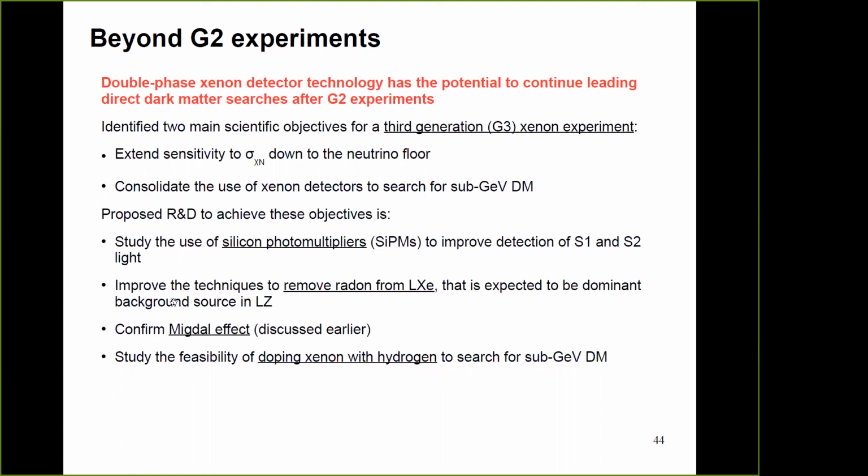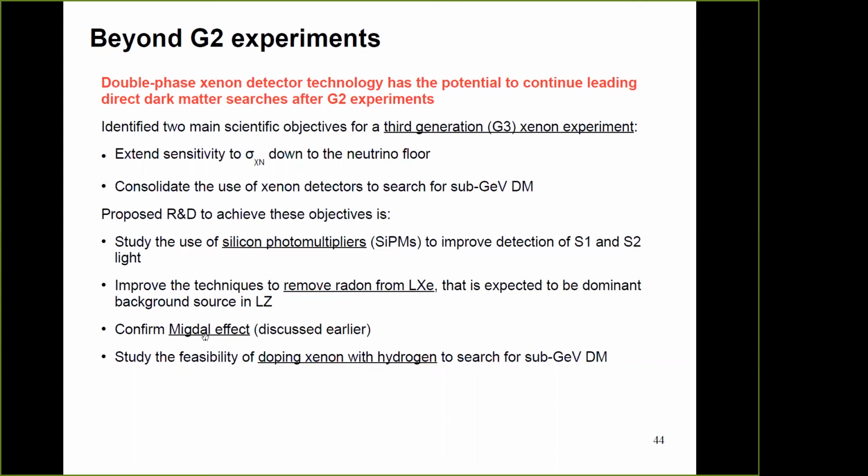Also, I mentioned that the main background contributing 4 events to the 6.5 background events in LZ is radon. So there is planned R&D to try to improve radon removal from liquid xenon that would allow us to remove the most important background for LZ and go to sensitivity to weaker processes.